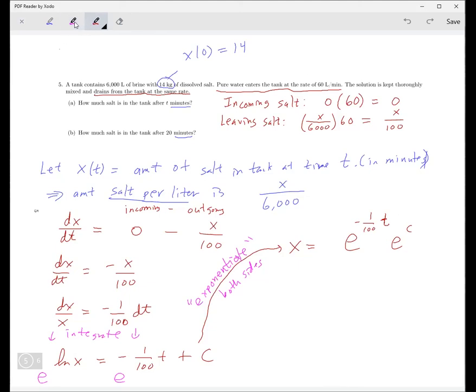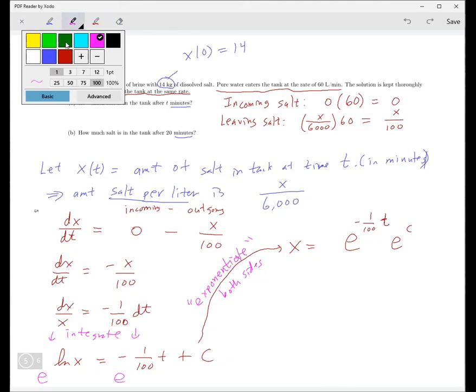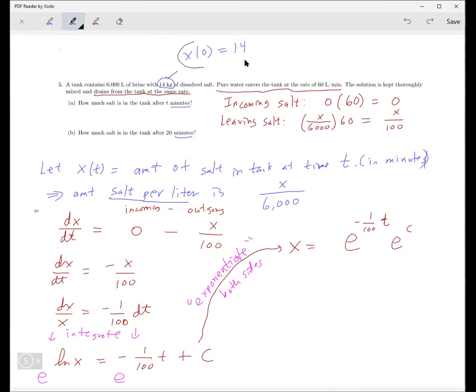Let's evaluate the initial condition. Here we have the initial condition: x is 14 when t is 0. We'll put that into here. So 14, and make that t equal to 0. This is just going to be 1.